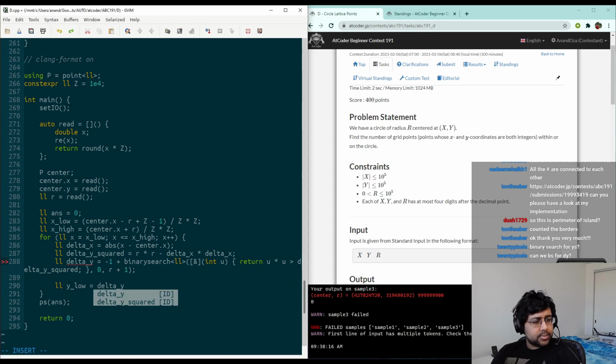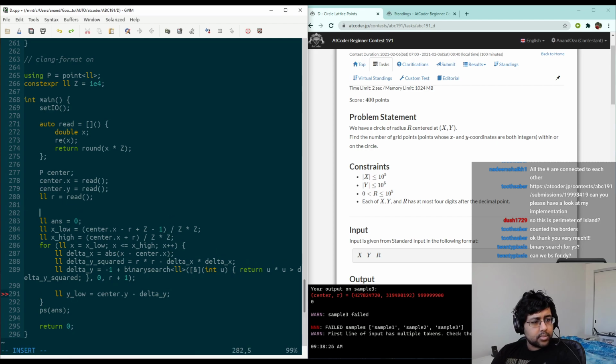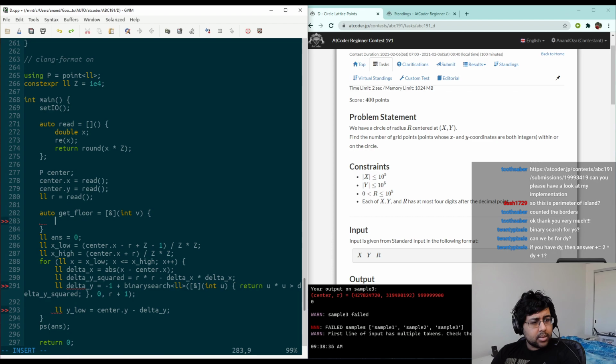equals. We're basically replicating our previous code. And let's just implement this.